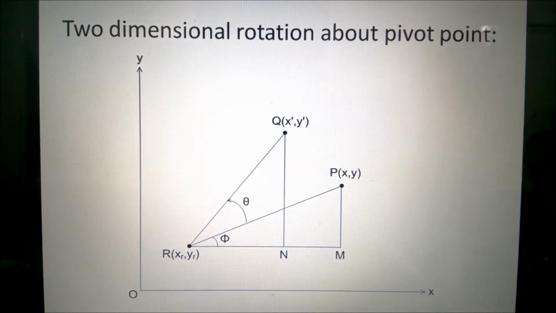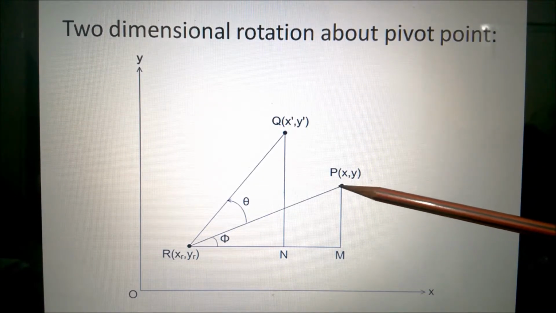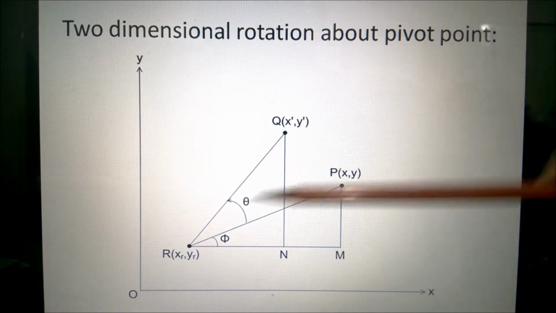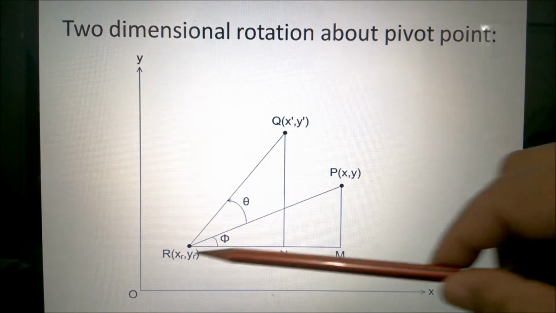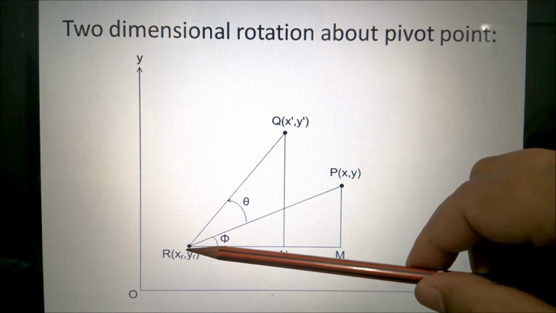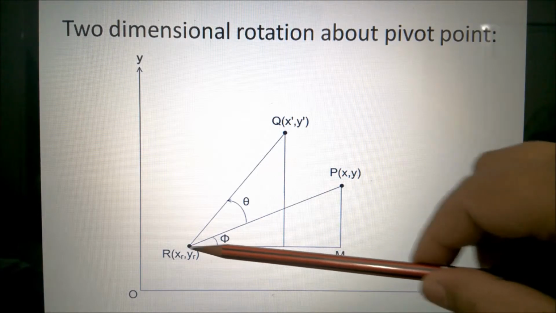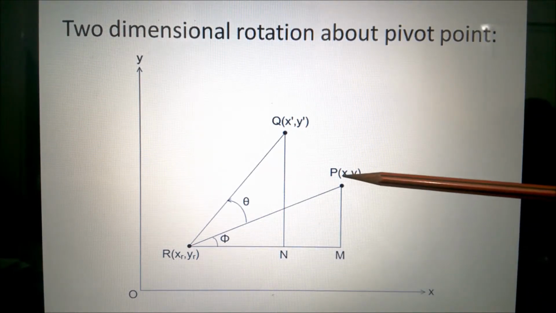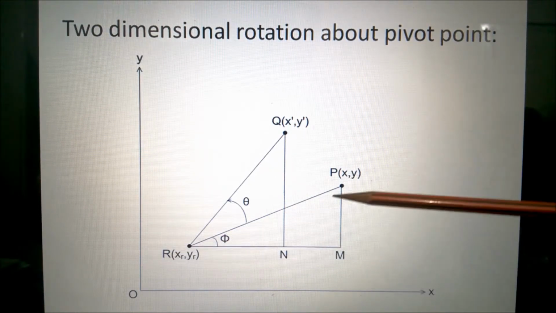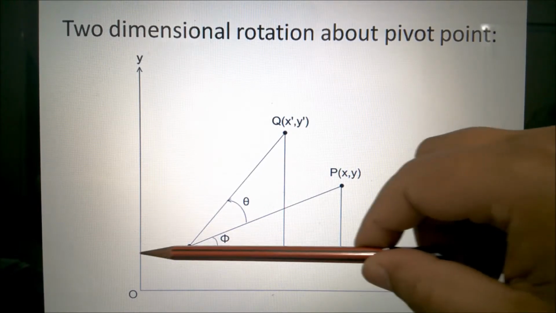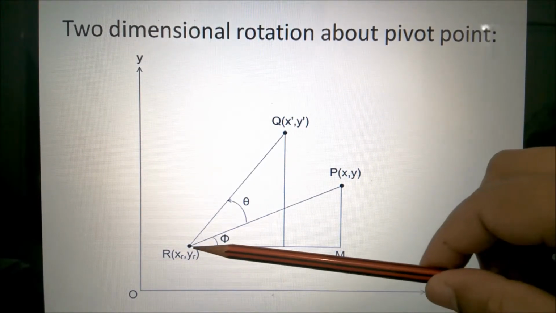Now you can see from the right angle triangle PRN that for RN we can find the x coordinate as x minus xr. That means xr is the RN.